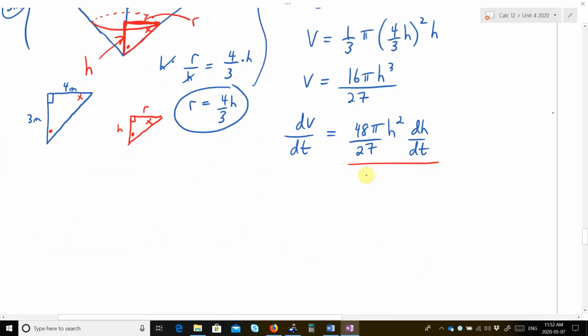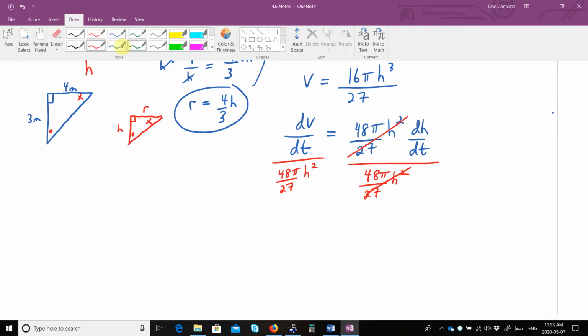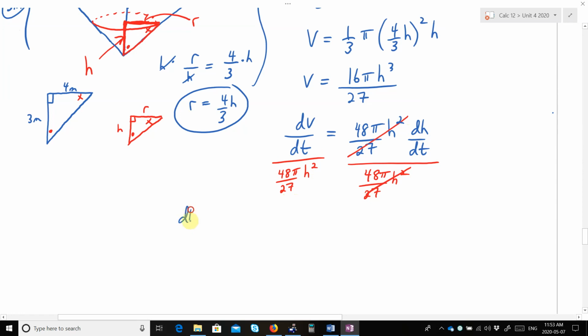So I'm going to divide both sides by all of this stuff. And now we'll plug everything into this expression here on the left.